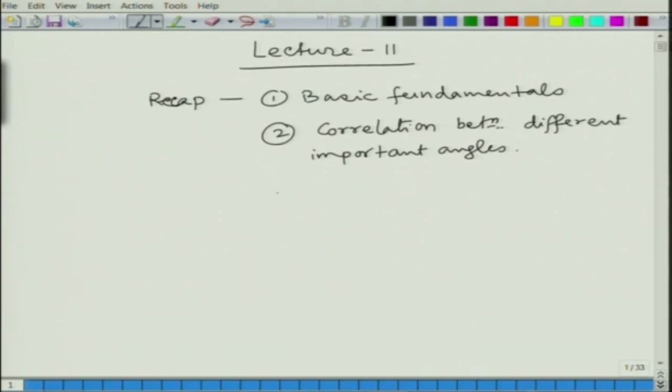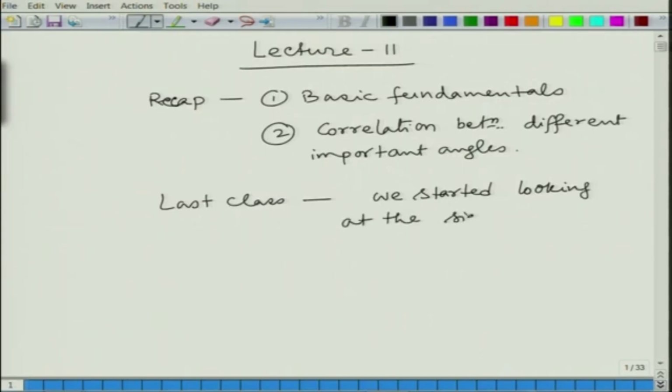Okay. And in the last class we started looking at the sign conventions.